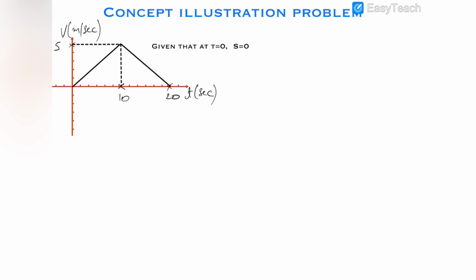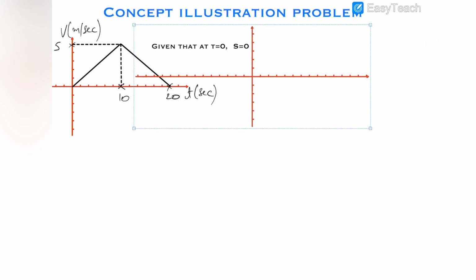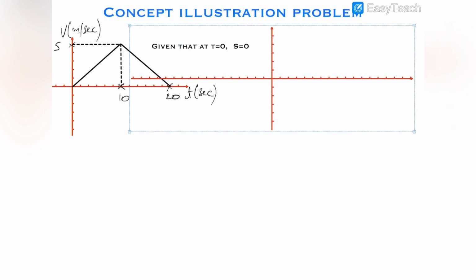So let us start with the acceleration time graph. First of all, we know that while we draw any graph, it is very obvious that the time axis would be the same. So we have to draw the time axis the same as given in the problem.